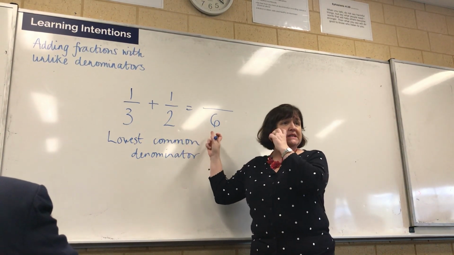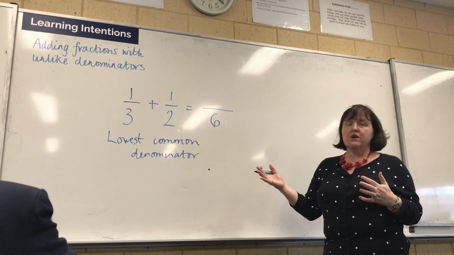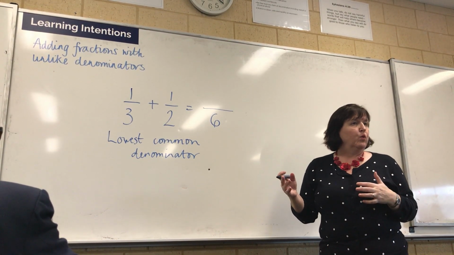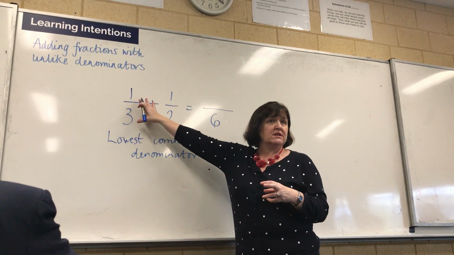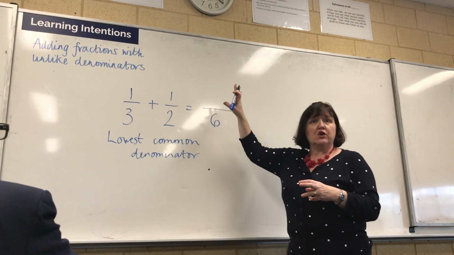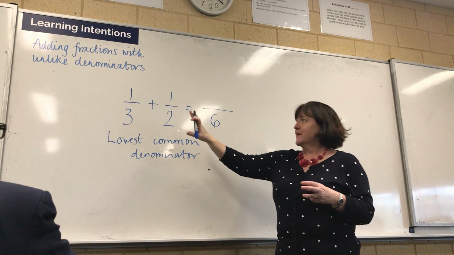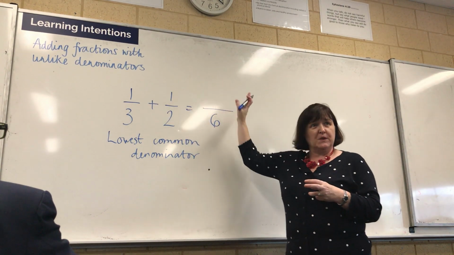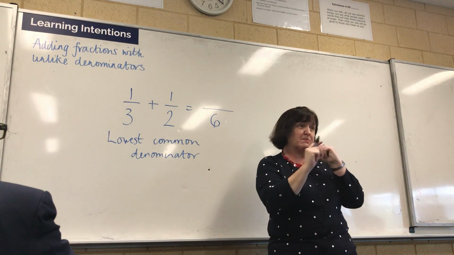So 3 times 2 is 6. That gives you the lowest common denominator. Now, once you have done that, we need to convert 1/3 into an equivalent fraction over 6, and a half into an equivalent fraction over 6. The way we can do that is by cross-multiplying.